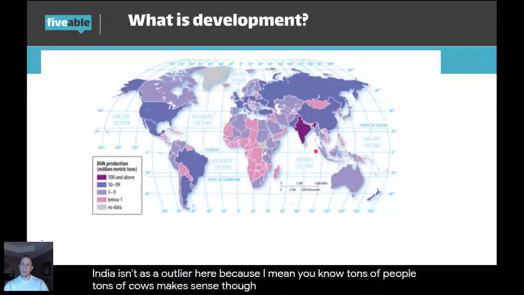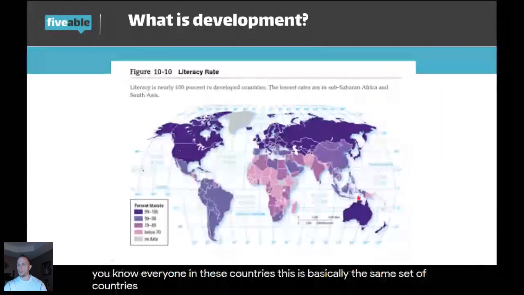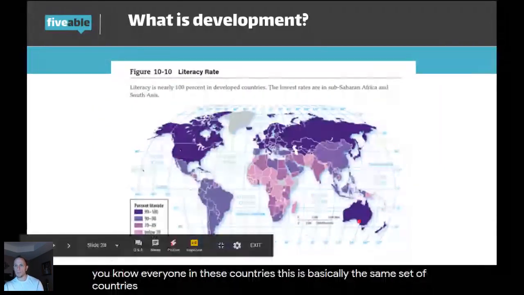Literacy rate. How many people in a country are able to read? In a country like the United States and Europe, I mean, we're 99%. Even North Korea is 99%. Everyone in these countries, this is basically the same set of countries, are able to read.